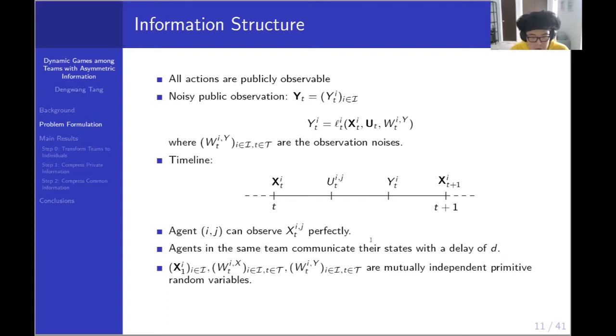And after this, we assume that all the initial states, control noises, and observation noises are mutually independent primitive random variables with known distribution. And we also assume that all agents have full knowledge of the model we just described, including the distribution of random variables and these functions and the description of the model.